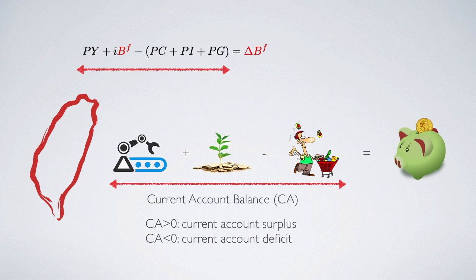As you can see, based on this budget constraint, if we have a current account surplus, which means that we are going to increase our international investment position, delta BF will be larger than 0. If CA is negative, which means that we are decreasing our net international investment position, then delta BF is negative.